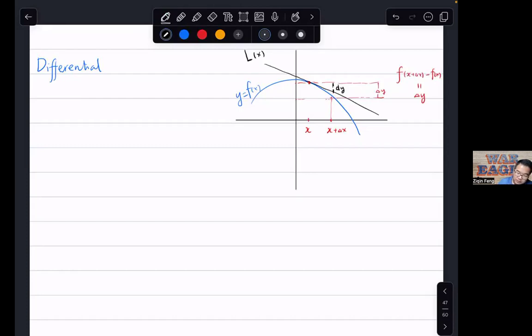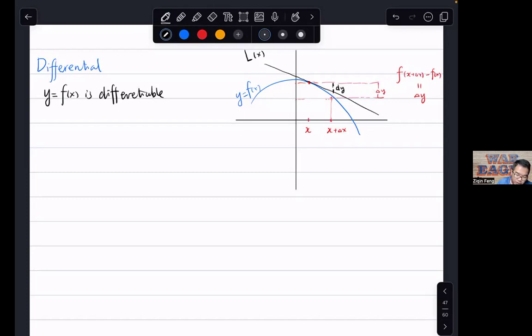So let's write down the definition. Our function must be differentiable because there is a derivative involved. So y equal to f of x is differentiable. Sometimes we do not care about this function value. We care about the change of function value when you change x by a bit.